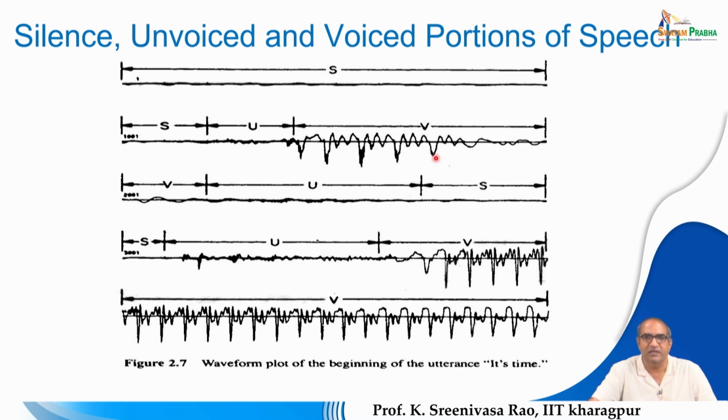This is a time domain representation of the speech signal for the phrase. Looking at this signal, you can see that in some portions the signal has very low amplitude, almost like there is no signal at all, and in some portions there are random fluctuations.